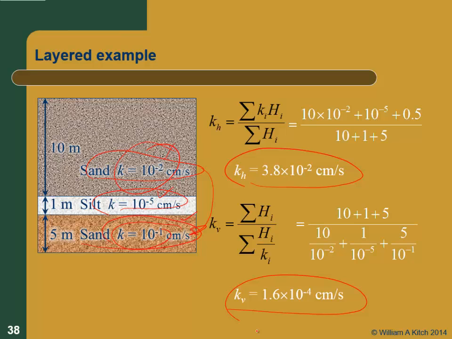In that case, there is clearly a big horizontal boundary to flow in that direction. But generally speaking, we're going to have much higher horizontal hydraulic conductivity for a system in the ground than vertical.